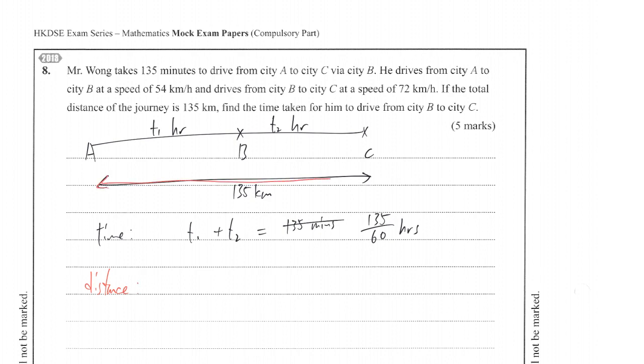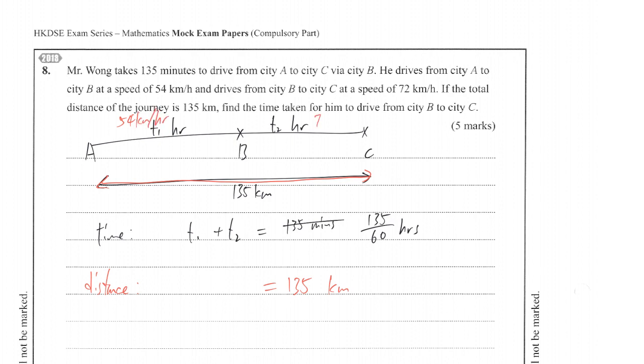The total distance traveled is equal to 135 km. If we use this speed and the time is t1, that means the distance is the speed. This section is 54 km per hour.